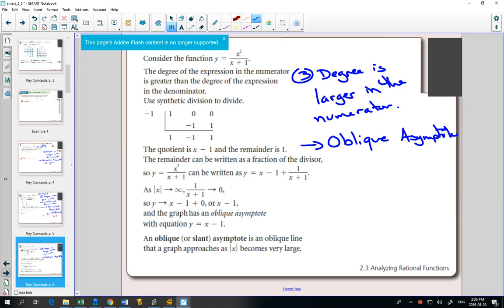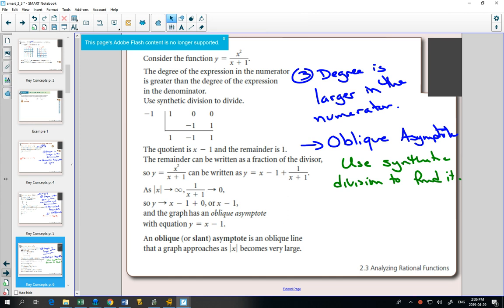And here we have to use synthetic division to find it.